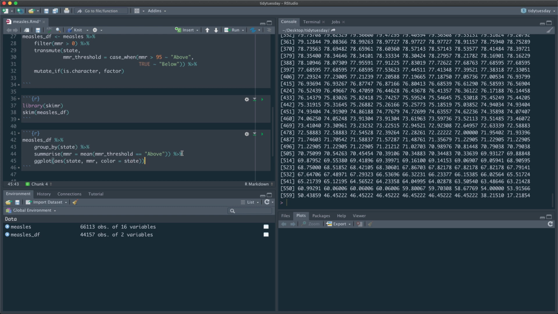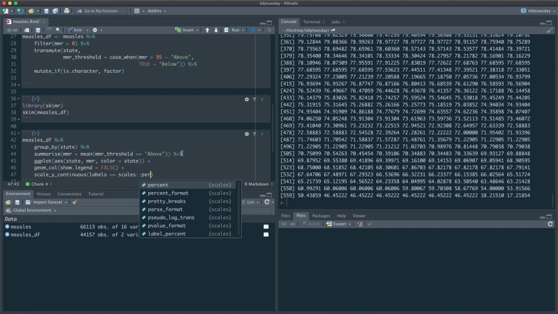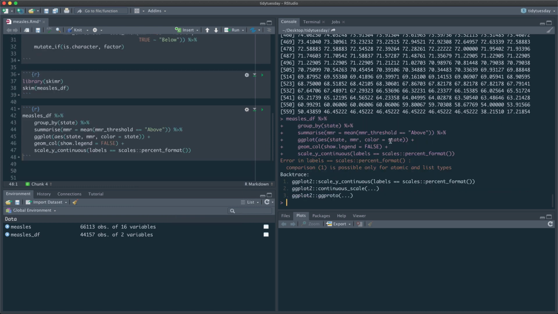Let's make it colorful because that is always nice. And let's make a bar chart. We don't need to see the legend in this case, and that's a proportion. So it's always nice, I think, to make it look like, whoops, scale label.